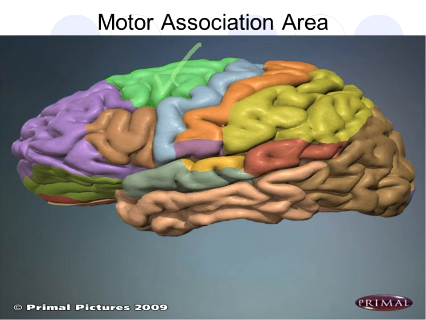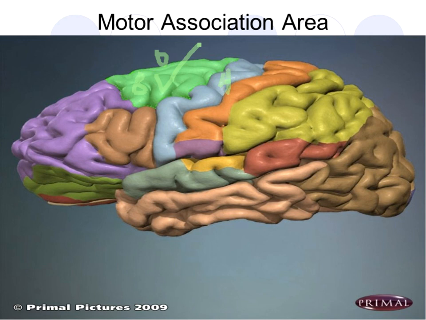But if you look at the premotor cortex, then that is going to be area 6 and areas 8, 6 and 8. Okay? So you got to learn those areas. All right. So the motor association area is the premotor cortex, and these are areas 6 and 8. This is area 4.